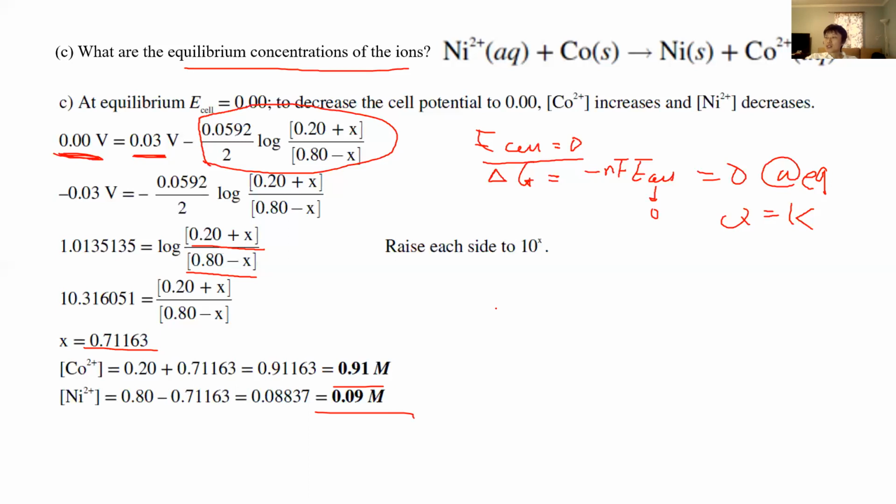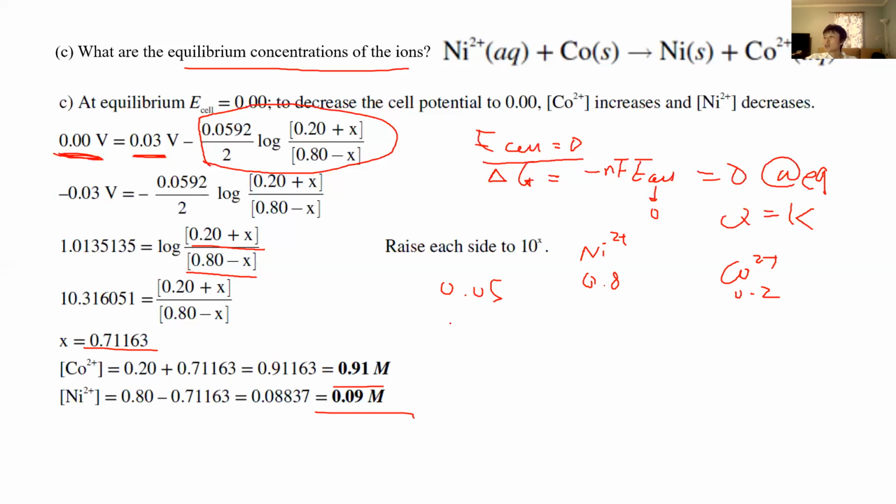And you can see, at the beginning, you have a cell potential equal to 0.05, when the nickel concentration is 0.8 and the cobalt concentration is 0.2. So this is a spontaneous cell, the reaction is spontaneous.